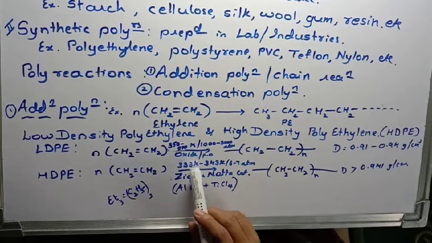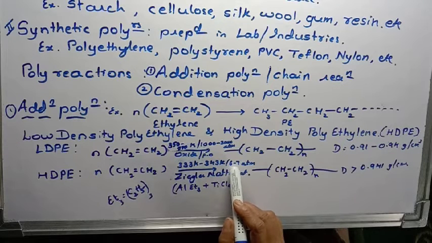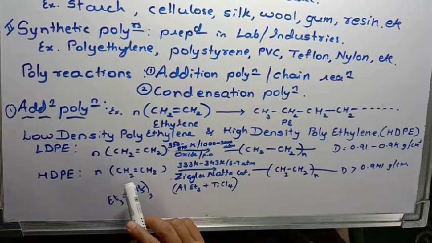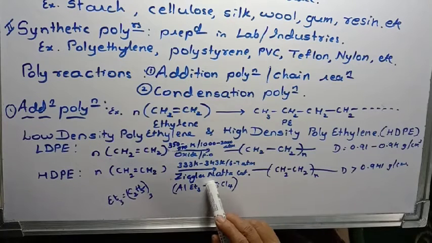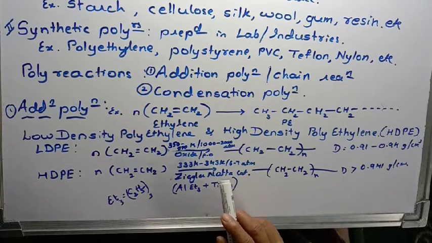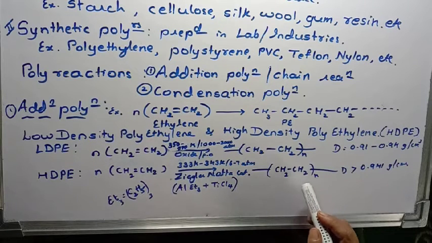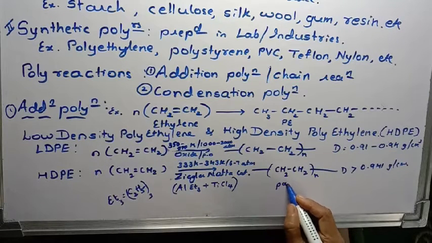So in presence of Ziegler-Natta catalyst at this temperature range and 6 to 7 atmospheric pressure, when a number of ethylene molecules are subjected to polymerization, it undergoes free radical polymerization and results in the formation of a macromolecule, and this is the partial structure of the polymer.